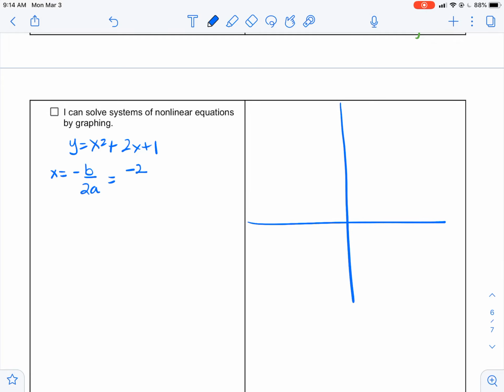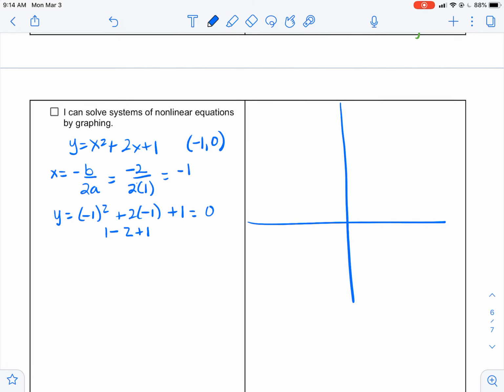So the opposite of b over 2 times a gives me negative 1. And then I'm going to find y. I put the negative 1 in and simplify. So that's 1 minus 2 plus 1, which is 0. So in this case, my vertex is at negative 1, 0.